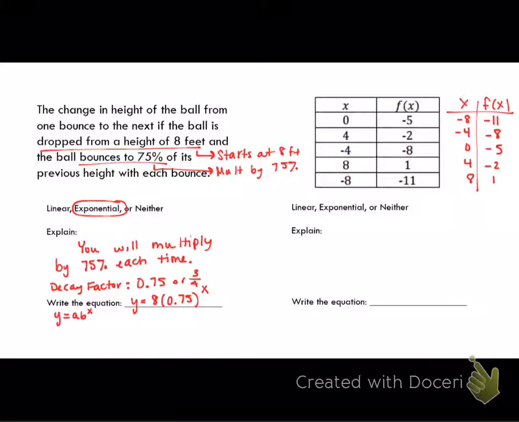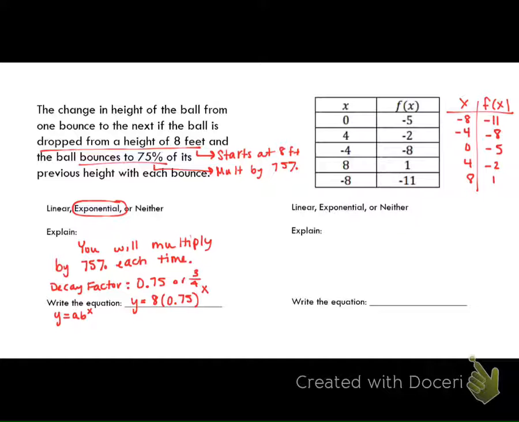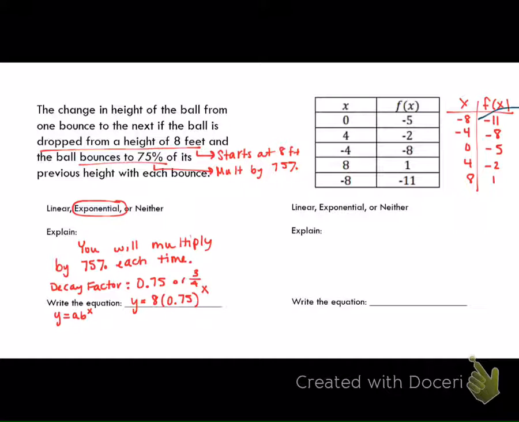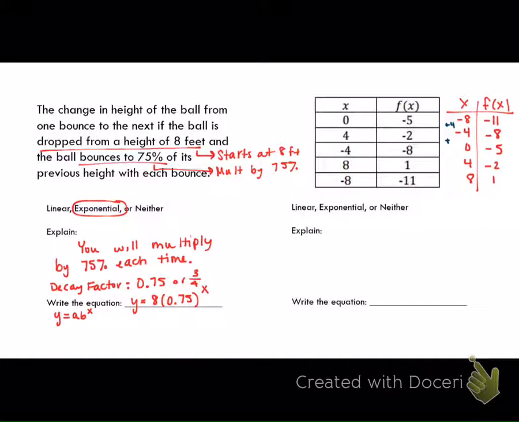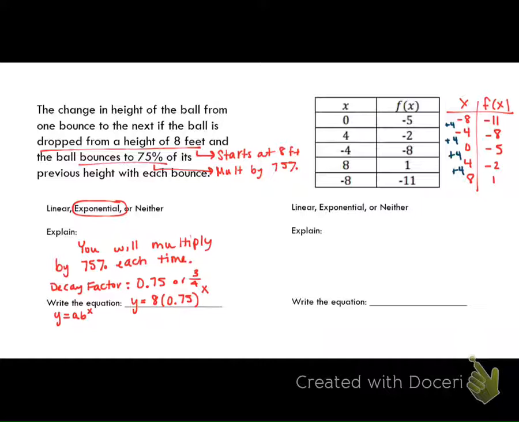So how is the x increasing? Is it increasing by the same amount each time? It's increasing by 4 each time. So let's see if our f of x values are doing the same thing. Kelly, what do you see the f of x values are doing? -11 to -8 is how many? 3.